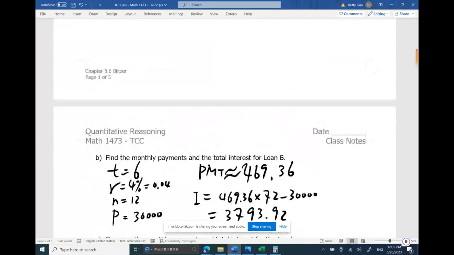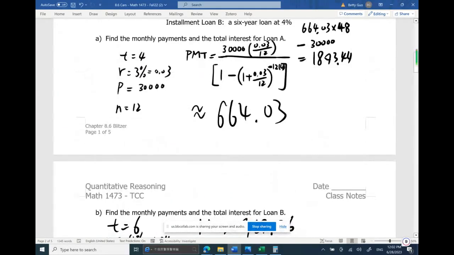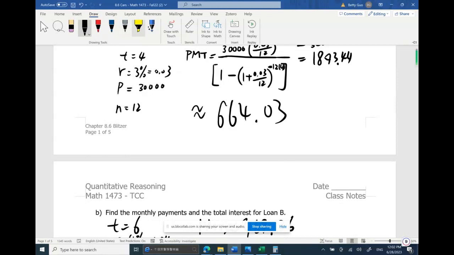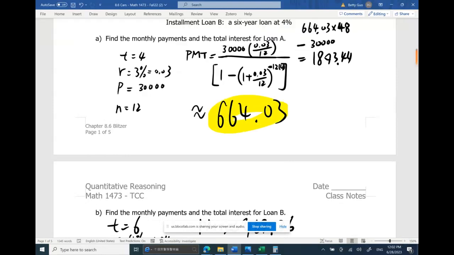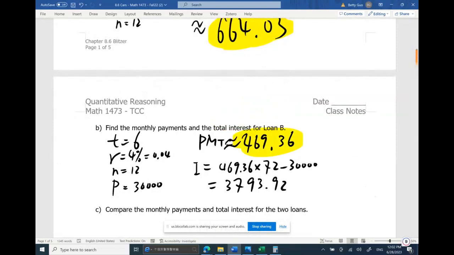Now compare the monthly payments and the total interest for the two loans. Monthly payment wise, plan A has more, right? You pay more every month if you choose plan A. With plan B, you only need to pay around 200 less. But in the long run, if you look at the cost of the loan, plan B is more expensive.